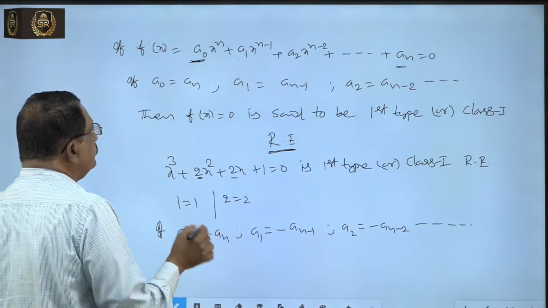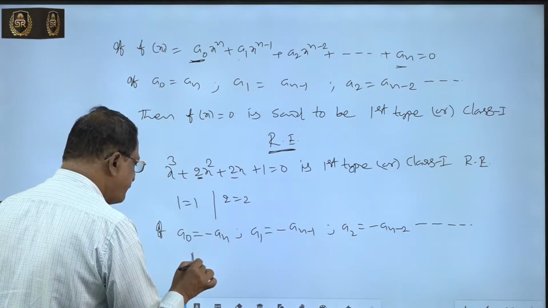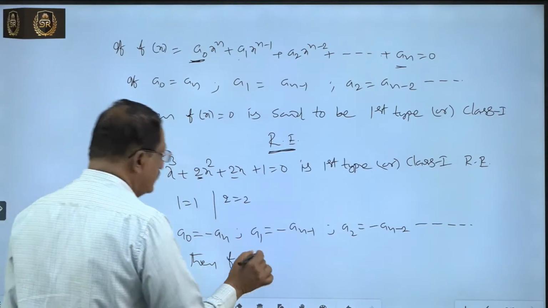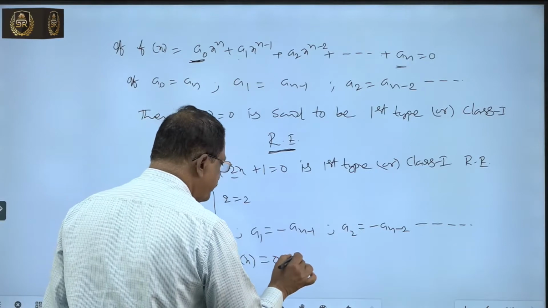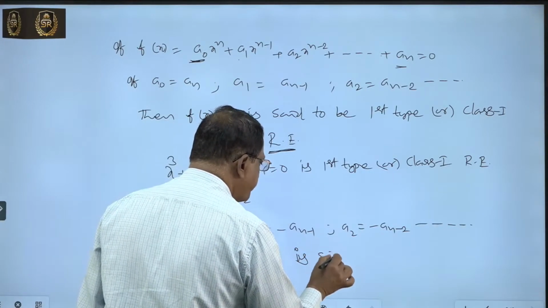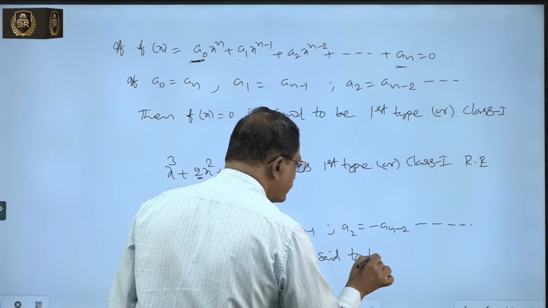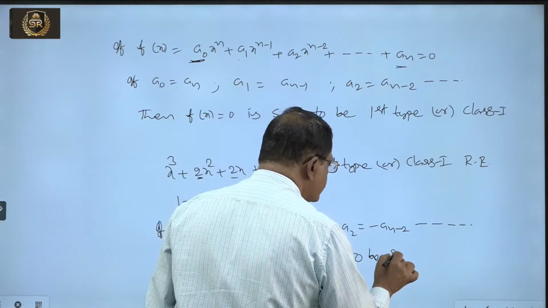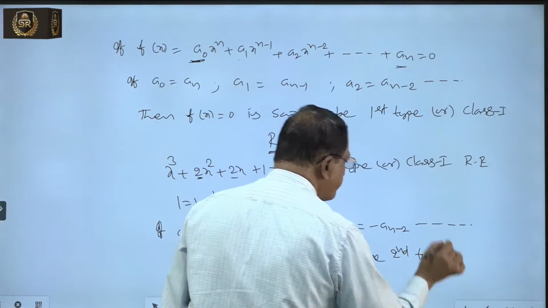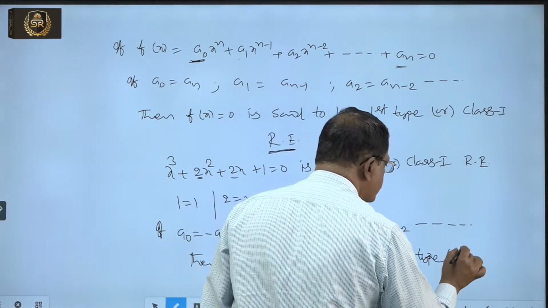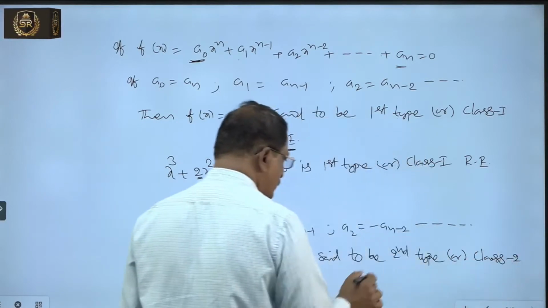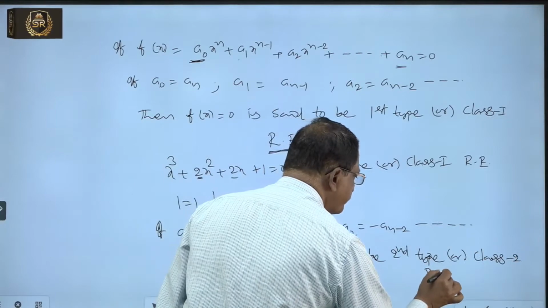Then f of x equals 0 is said to be a second type or class 2 reciprocal equation.